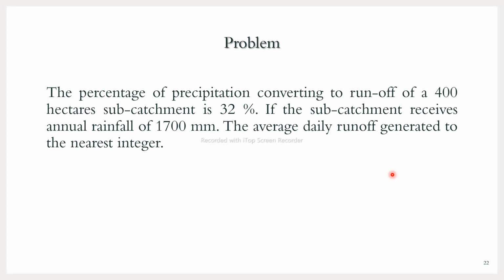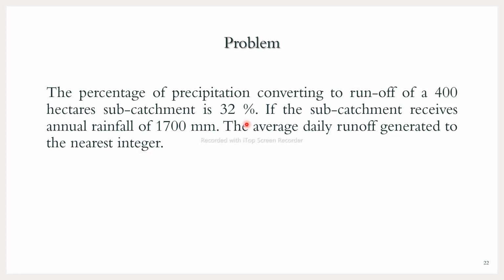The percentage of precipitation converting to runoff of a 400 hectare subcatchment is 32%. If the subcatchment receives annual rainfall of 1700 millimeter, note the unit, the average daily runoff generated, to the nearest integer, you have to calculate.